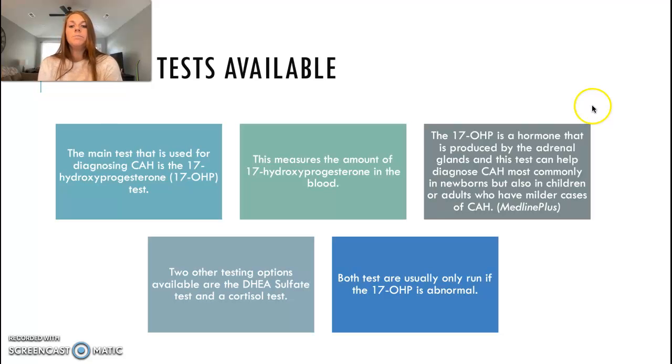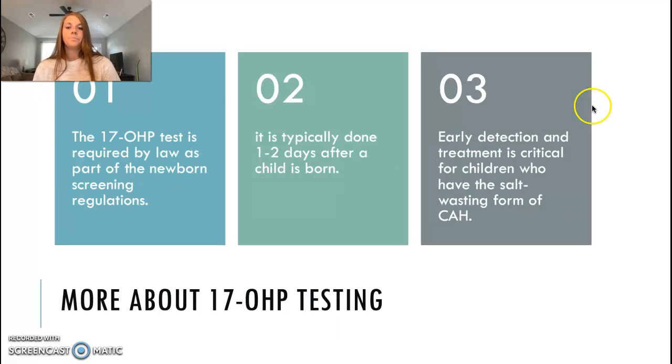severe cases. So other testing options we have available are the DHEA sulfate test and the cortisol test, but both of these tests are not typically done unless we see that we are having an abnormal OHP result. The 17-OHP testing is required by law as a part of newborn screening regulations.